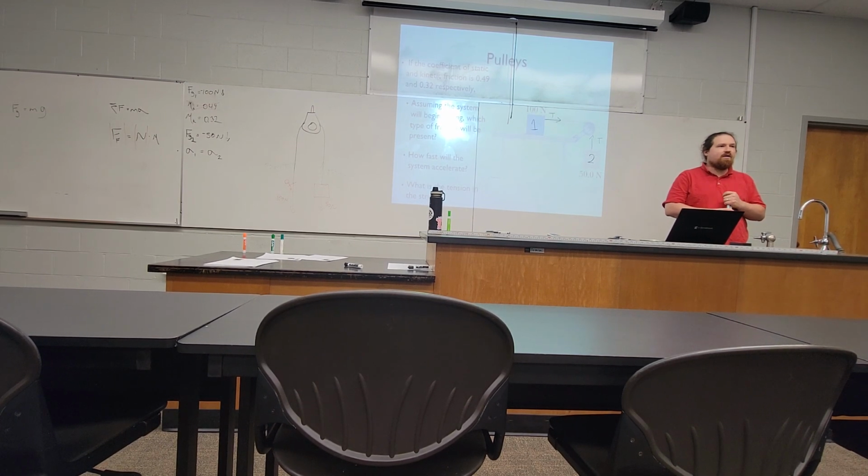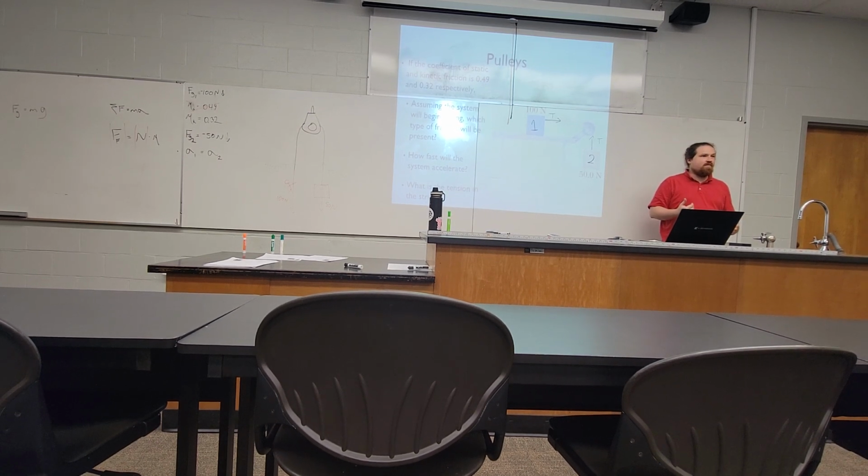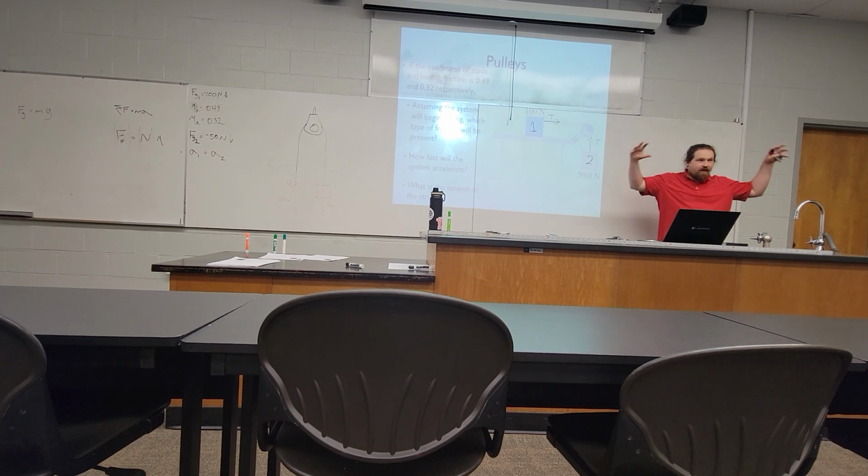So we'll find both of them pretty much at the same time. And we're going to do that by analyzing all the forces present on each object, look at how they all add together, and see how they all contribute to the overall acceleration of the system. So again, we're kind of combining all of Newton's laws and all the forces we've looked at together into one big ordeal here today.